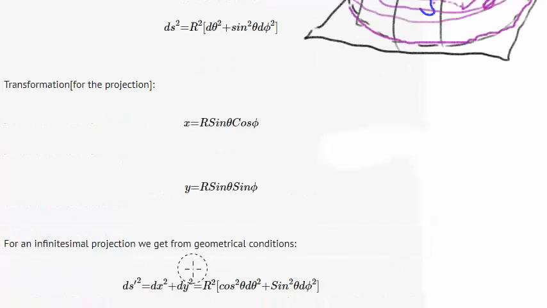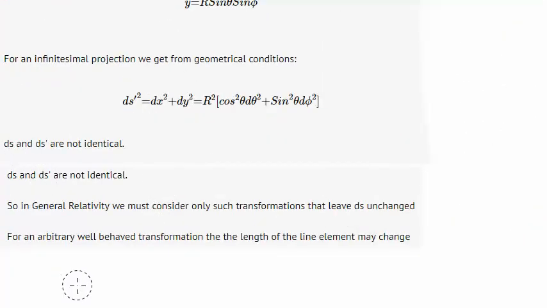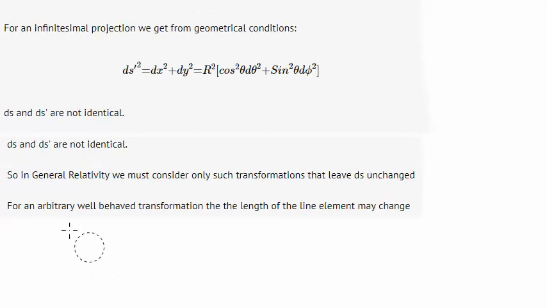So Anamitra says ds and ds prime are not identical. So in general relativity, we must consider only such transformations that leave ds unchanged.